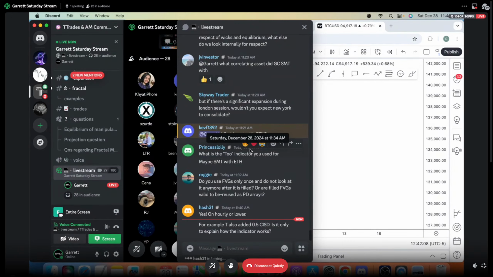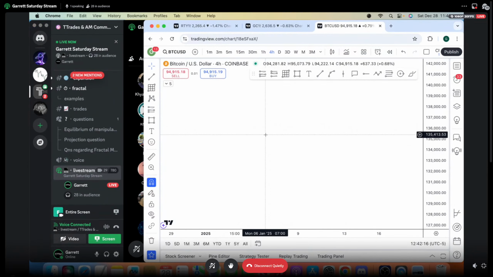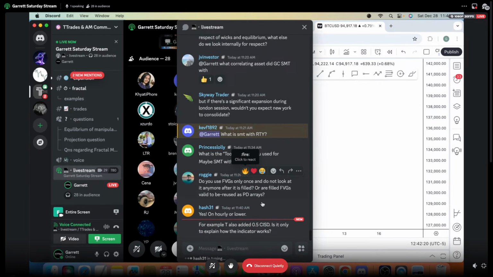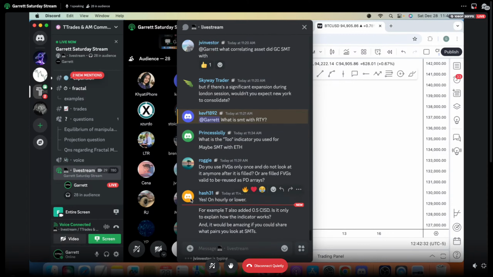For example, T also added the 0.5 CSD. This is stuff you want to see. This is all IPDA, by the way. In expansion we don't disrespect opposing candles, so it all reverts back to phase of price. Literally everything. Just open, high, low, close and phase of price is all you need to study. If you look at anyone's model, T-Trade's model, AM's model, that's all it is.